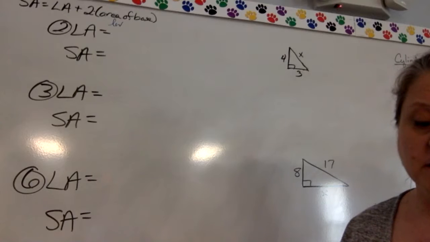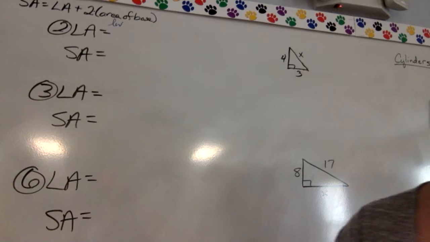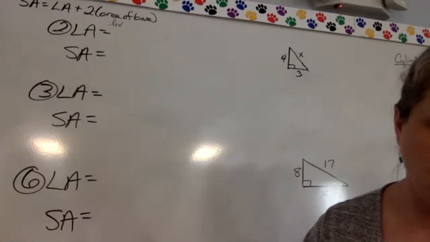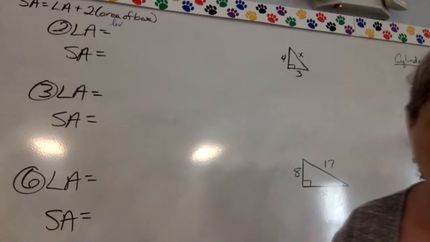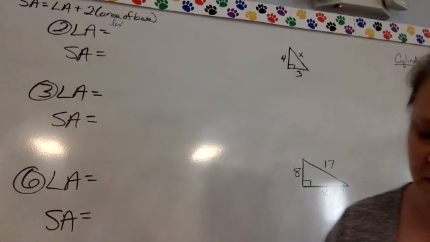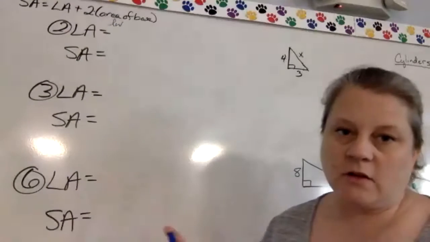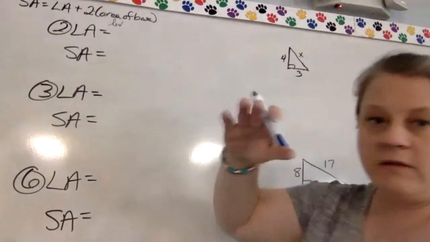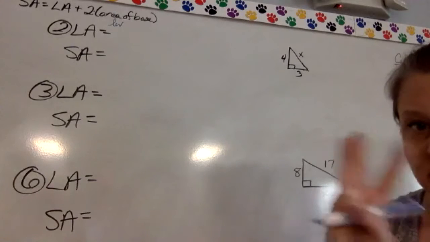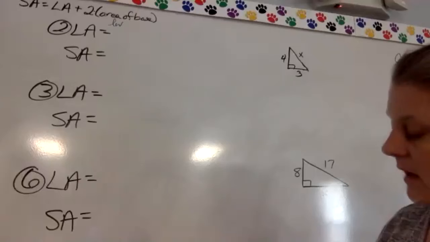So for the triangle, you add all the sides together going around the triangle. Whatever the 3 sides are, because how many sides are in a triangle? There's 3. So add the 3 sides of the triangle together and then multiply it by the height.